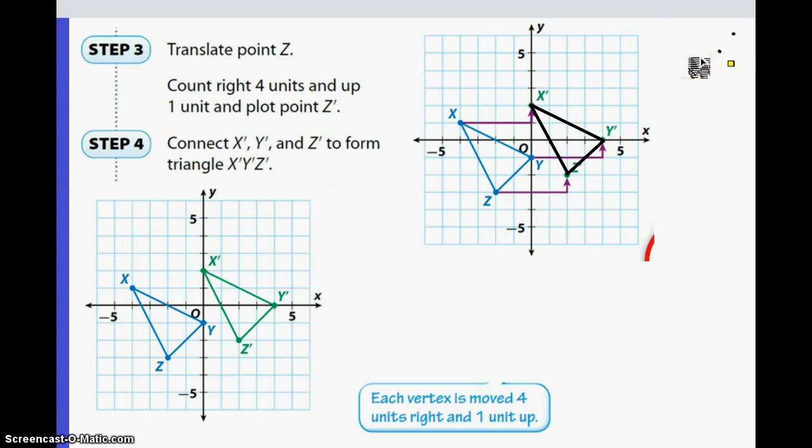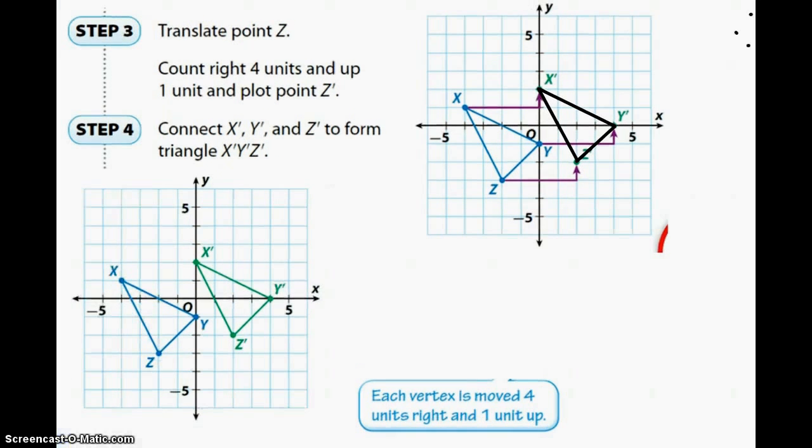And that's the same thing that we have in this bottom one. Same identical thing. Let me get my pointer back. Same identical thing that we have here, but we just did that live for you to show you what it looks like. So what it says here is that each particular vertex is moved 4 units right and 1 unit up. And again, live, that's what it looks like. So we're looking at our pre-image and our image.